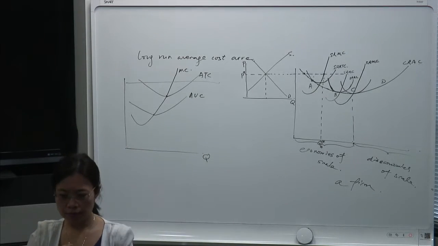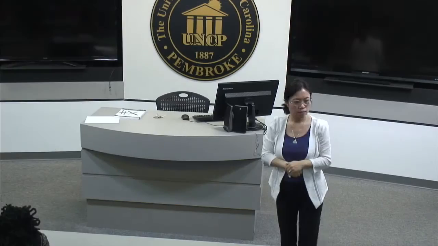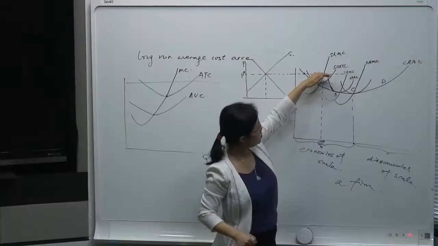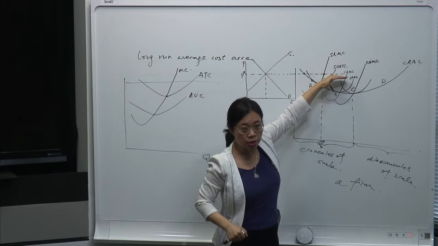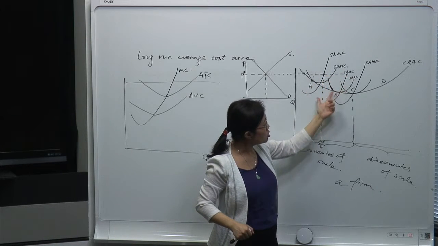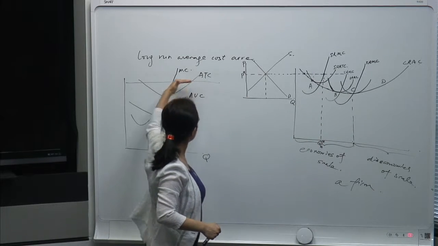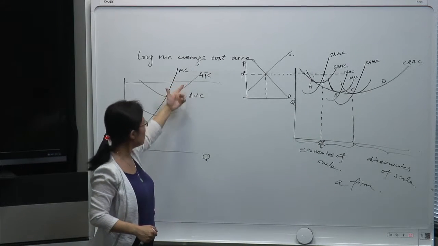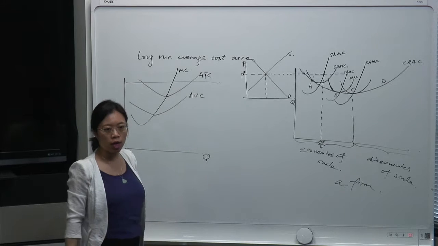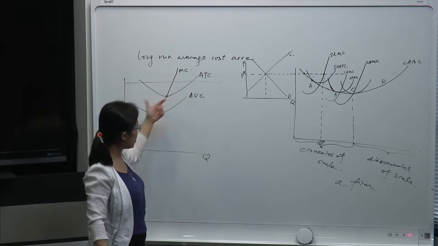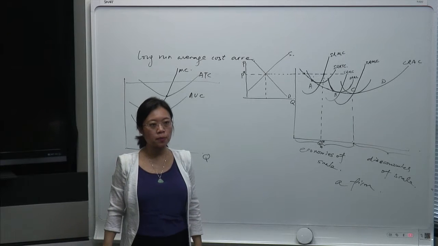Because as you move to the right, let's suppose the price is still here. Look at this little curve. It gets lower. The price remains here, but this is going to go down, so your economic profit is going to be bigger.